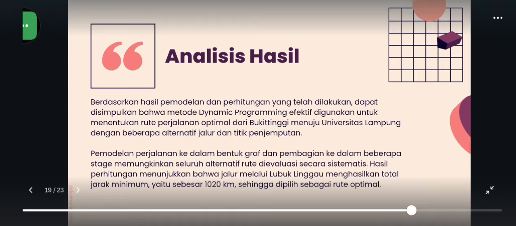Modeling the journey in the form of a graph and dividing it into several stages allows all route alternatives to be evaluated systematically. The calculation results show that the route through Jambi produces the minimum total distance, which is 1020 km, and is therefore chosen as the optimal route.